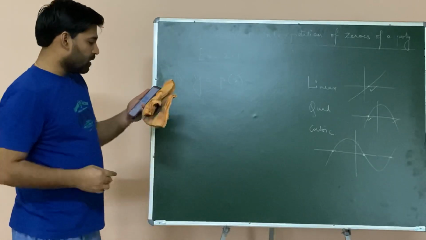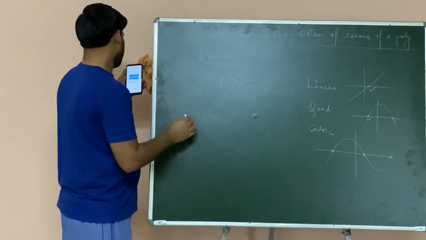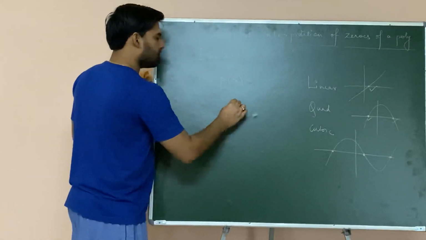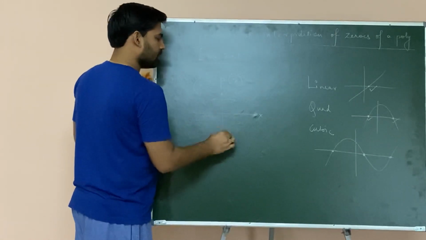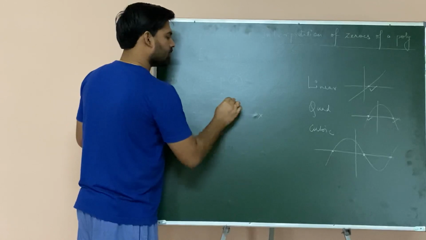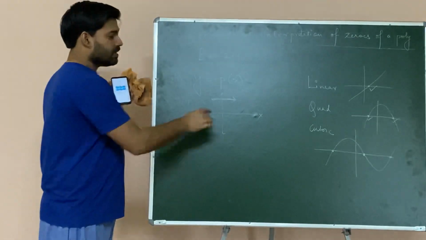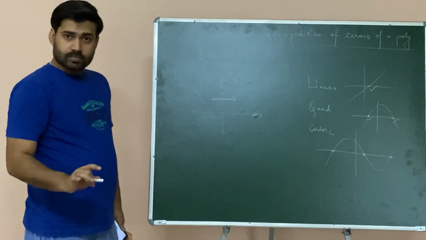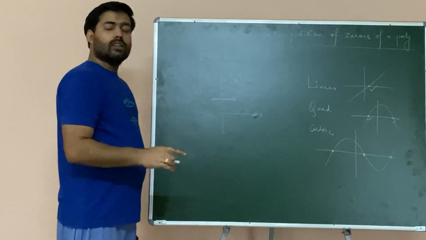So for the first part, the graph is like this. This is the x-axis and this is the y-axis, and the line goes on like this. We will say at what point this is intersecting x. We will say this is not intersecting x. Am I true? This is not intersecting x. We will say there are no solutions.